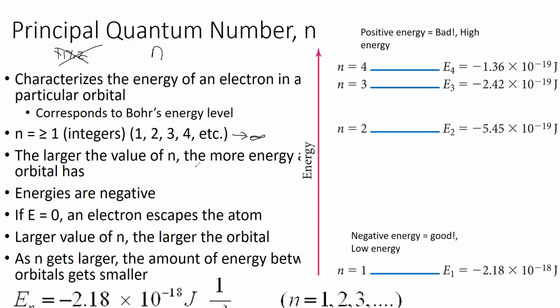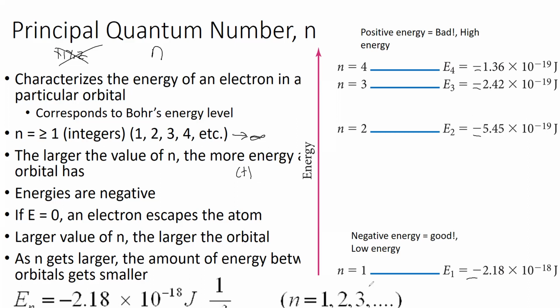Now, when we look at the energies of this, the bigger the value of n, the more positive the energy becomes. So instead of more energy, the more positive the energy becomes. Overall, all of the energies are always presented as negative, right?